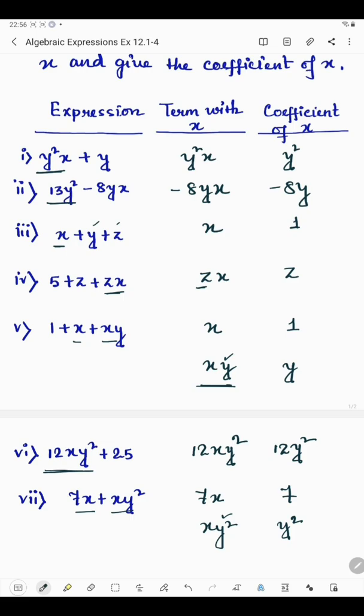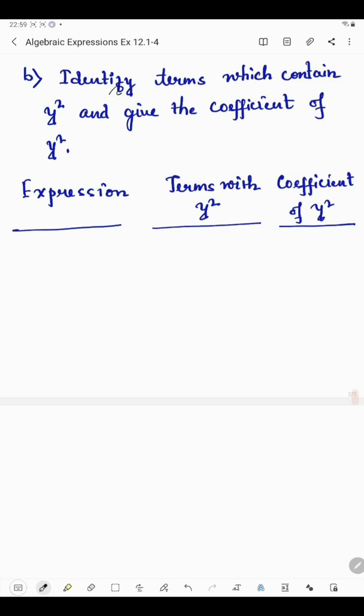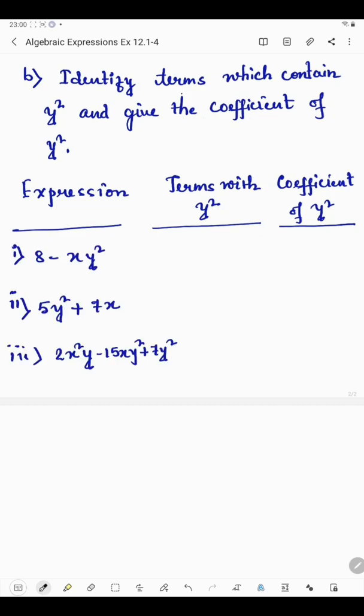So this way we will have to find the term with x and the coefficient of x. Now coming to the B part. B part says identify terms which contain y square and give the coefficient of y square. In this part we will have to identify the term which contains y square, and then find the coefficient of y square.